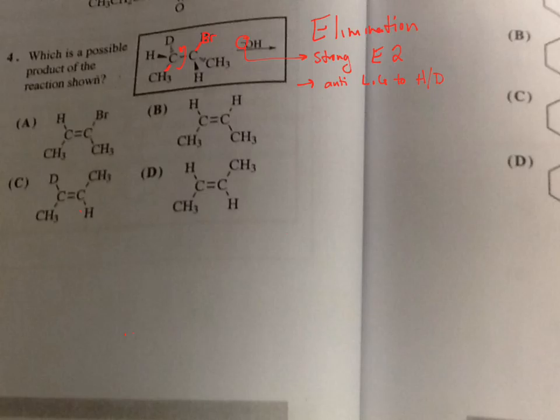Let's see if I can do this. Oh yeah, it's going to be kind of hard. I'm going to have to look at the board. So I'm leaving the carbon with the bromine alone. As I do my rotation, I'm rotating the deuterium. Oh crap, I'm rotating it the other way. Sorry.